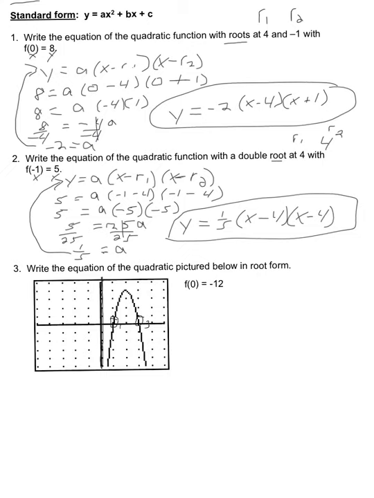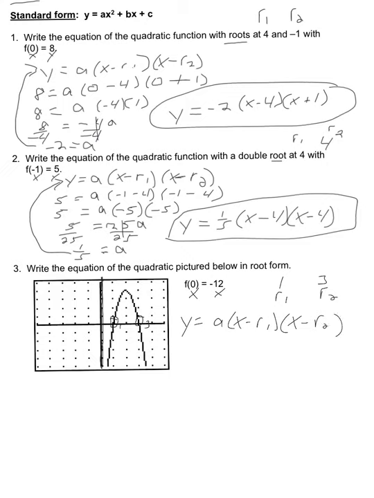So my roots are at 1 and 3. So root 1, root 2, x, y. Root formula, y equals a, parentheses, x minus root 1, and x minus root 2.